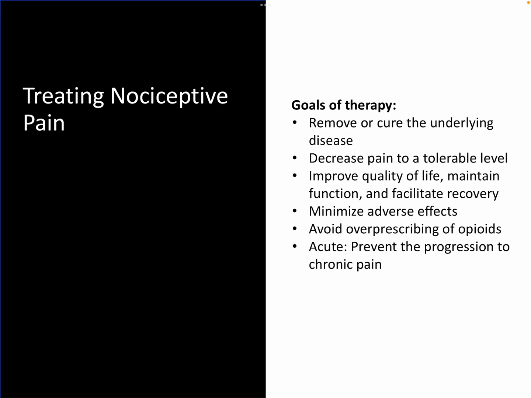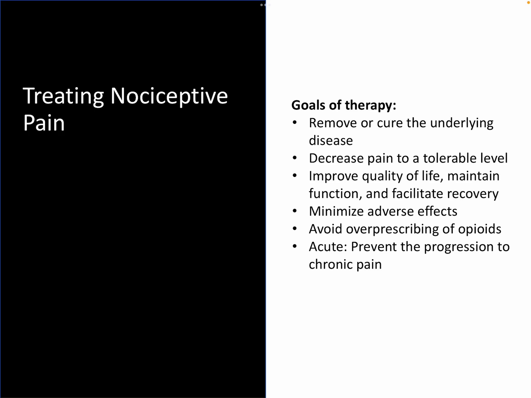Goals of therapy. First thing is you want to remove or cure the underlying disease. Now, this could only be true for acute pain, and it's mostly if possible. Decrease your pain to a tolerable level to improve quality of life and maintain function and facilitate recovery. It is almost impossible to make somebody's pain zero.